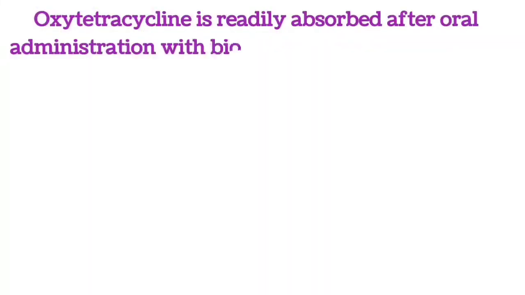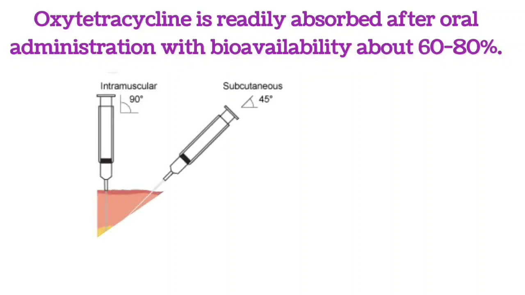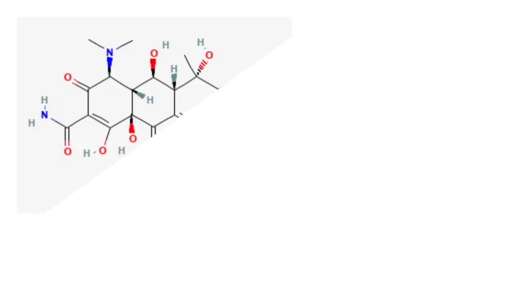Oxytetracycline is readily absorbed after oral administration with bioavailability about 60–80%. After IM administration, its peak plasma levels may be achieved in 0.5 to 2 hours. The long-acting products are slowly absorbed, giving prolonged blood concentration.